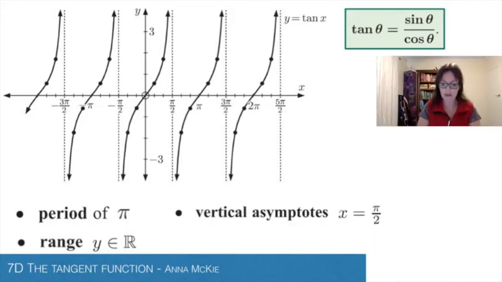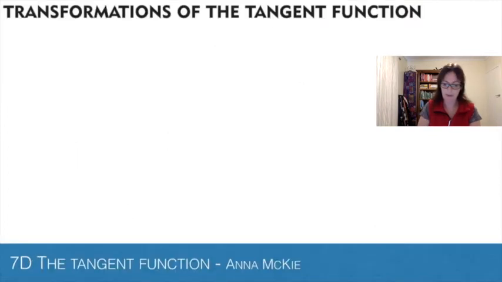Vertical asymptotes are at x equals pi on 2, adding on multiples of that to allow for all the periods of pi, for all integer values.